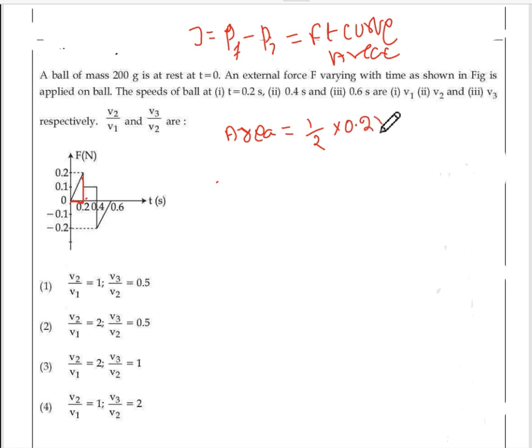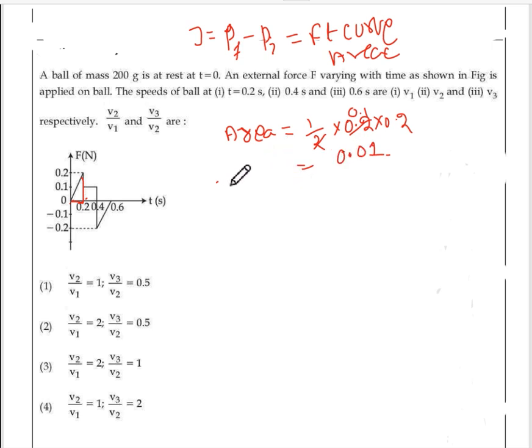So 0.2 into 0.2 into half is 0.02, and this will be its area.